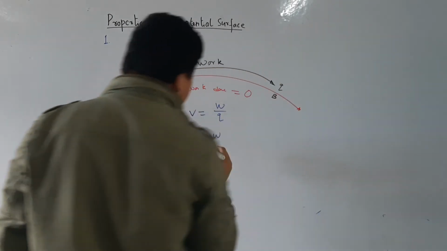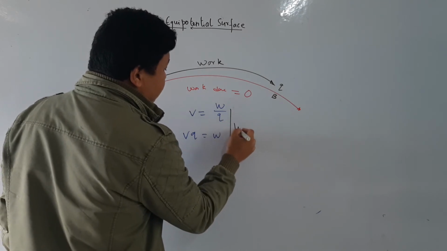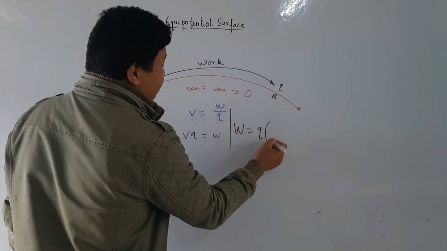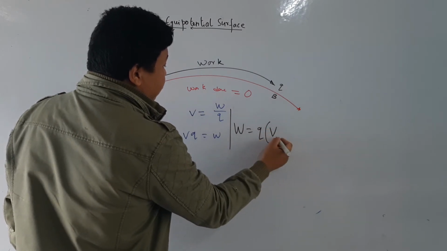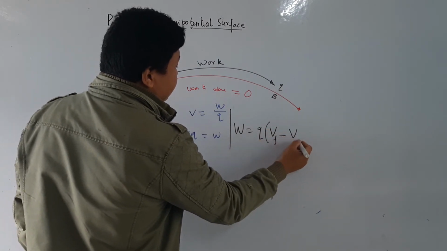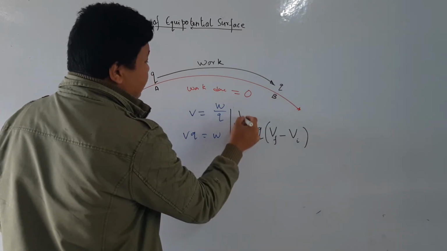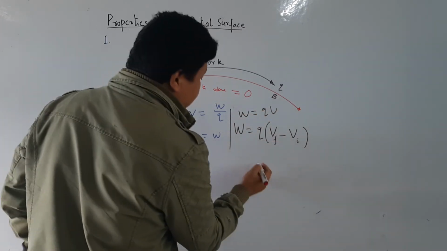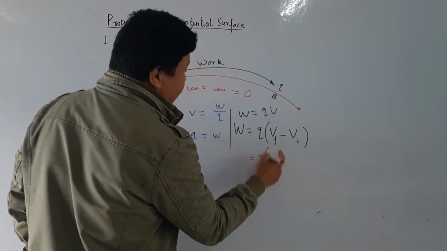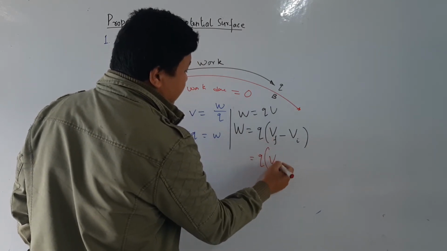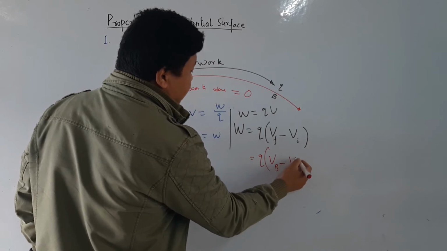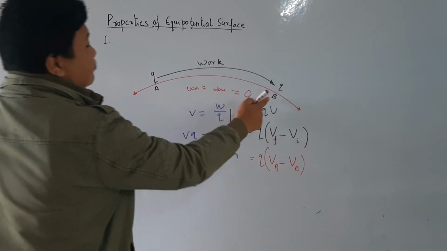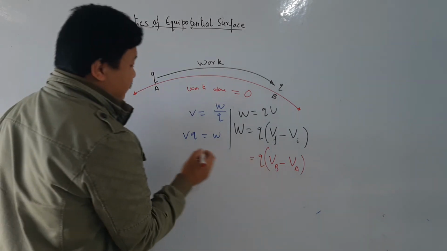How much will this work be? Q is common, then V final minus V initial, because the formula is work done equals QV. So work done equals Q times (V final minus V initial). V final is at B and V initial is at A. Now what is the potential at A and at B?